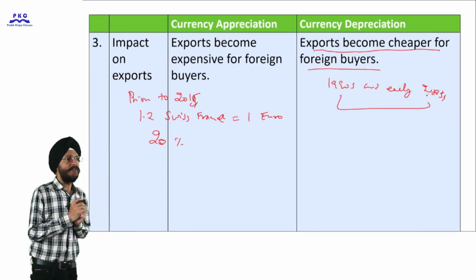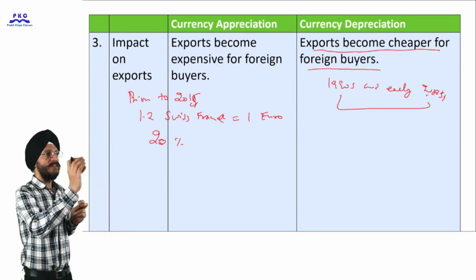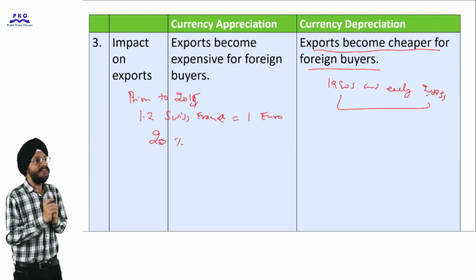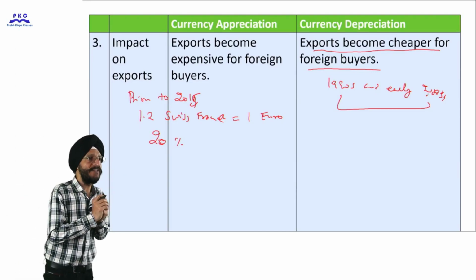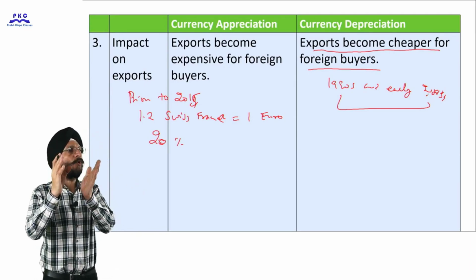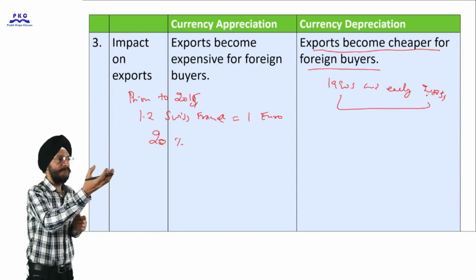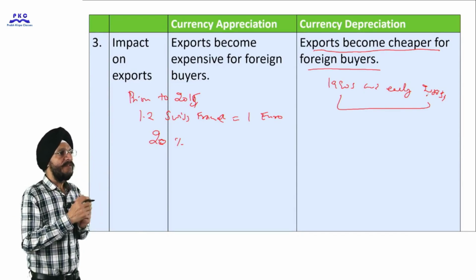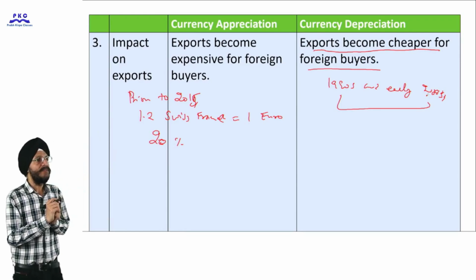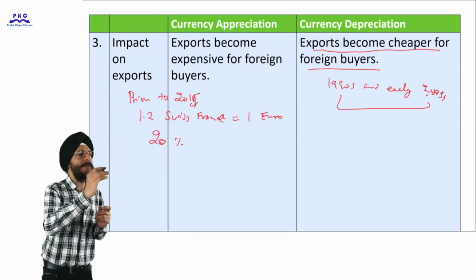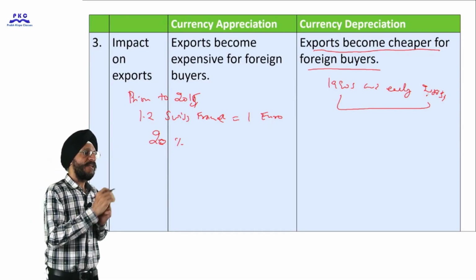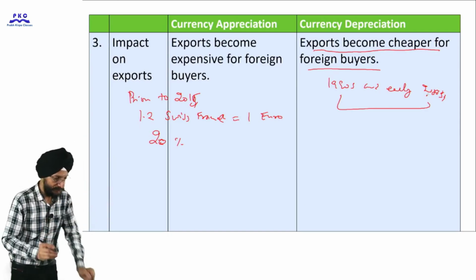Due to this depreciation, the Japanese goods became cheaper for the foreign buyers. As a result of this depreciation of Japanese yen, Japanese companies such as automotive companies such as Honda, Nissan, and electronic companies like Panasonic, Sony were able to sell their products in the international market at cheaper price, and they gained a lot.